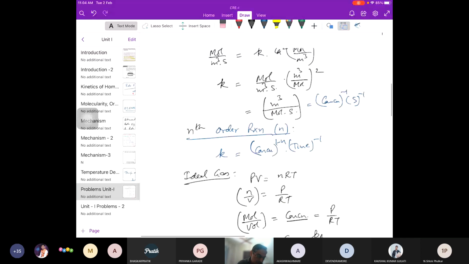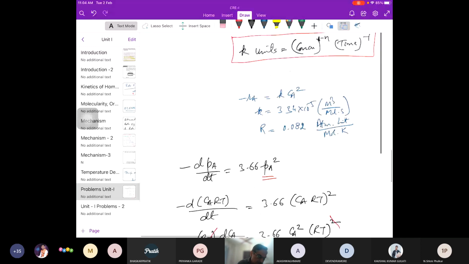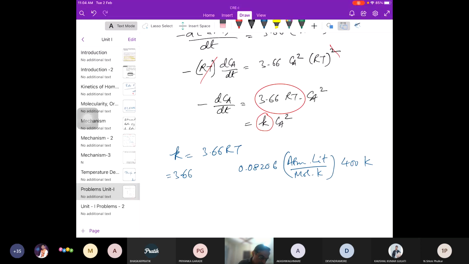So you can put those units here and you get the units of K. So in the units, atmosphere cancels out, Kelvin cancels out, right?